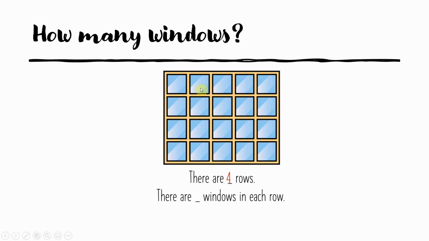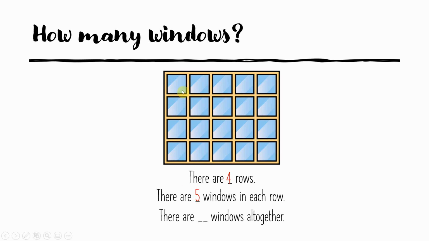Can you count? It's a bit like counting the columns. There are one, two, three, four, five. There are five windows in each row. Now we need to find out how many windows there are all together. We could count them one by one, but I know and you know that we can count in fives to find the answer.